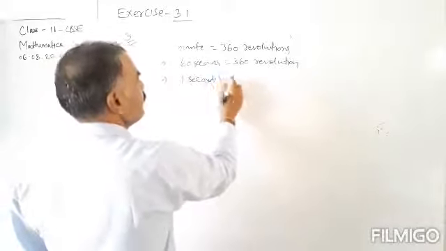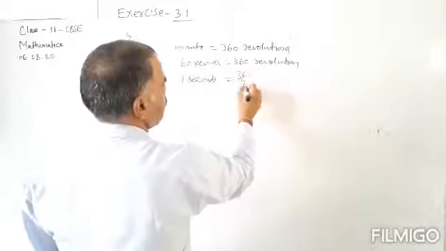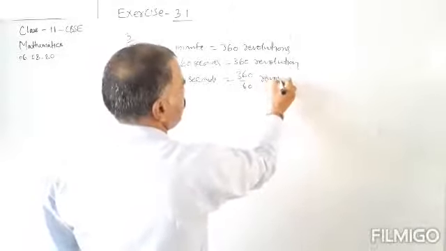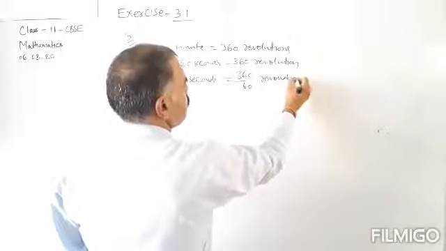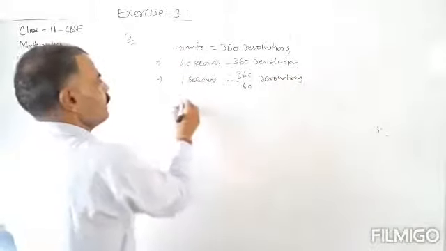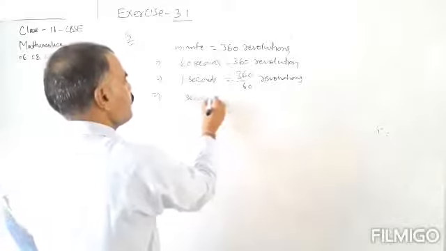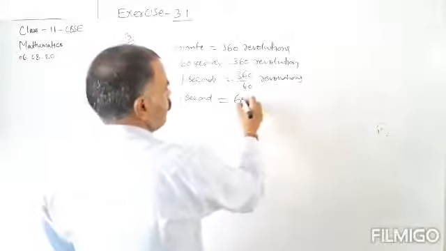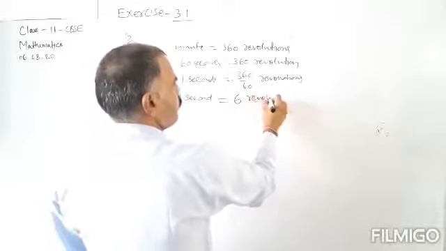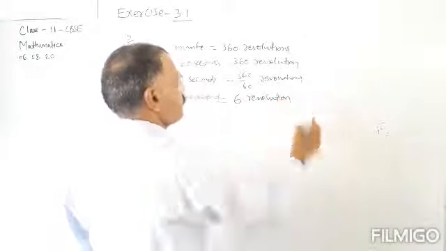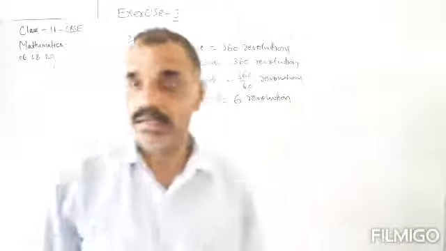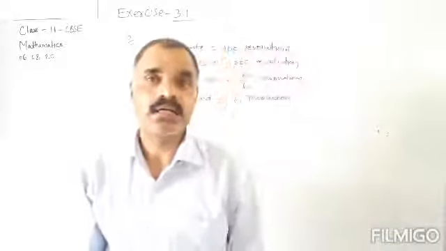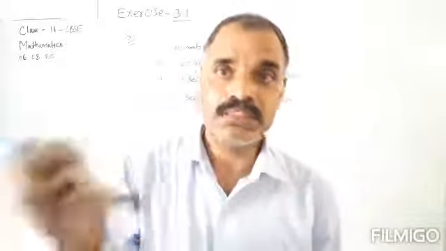In 1 second, 360 divided by 60 revolutions, means in 1 second the wheel of the car revolves 6 times, 6 revolutions.